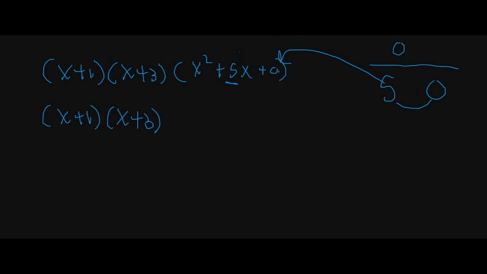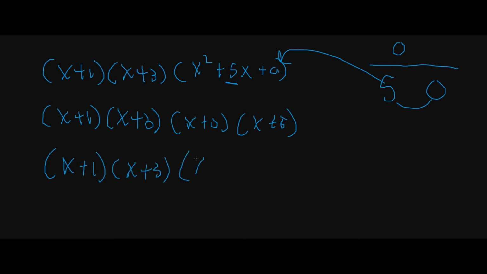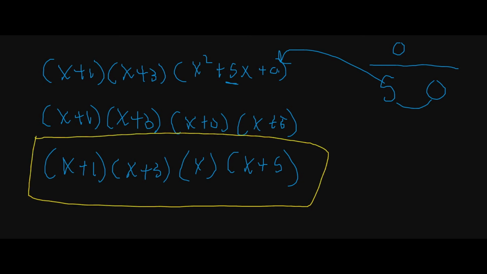So our equation is going to be x plus 0 and x plus 5. So in other words, this is x plus 1, x minus 3, x, because x plus 0 is just x, and x plus 5. Okay? And that kind of works because we know that those are the 4 roots that we should have gotten when we went to simplify it, which is great, right?